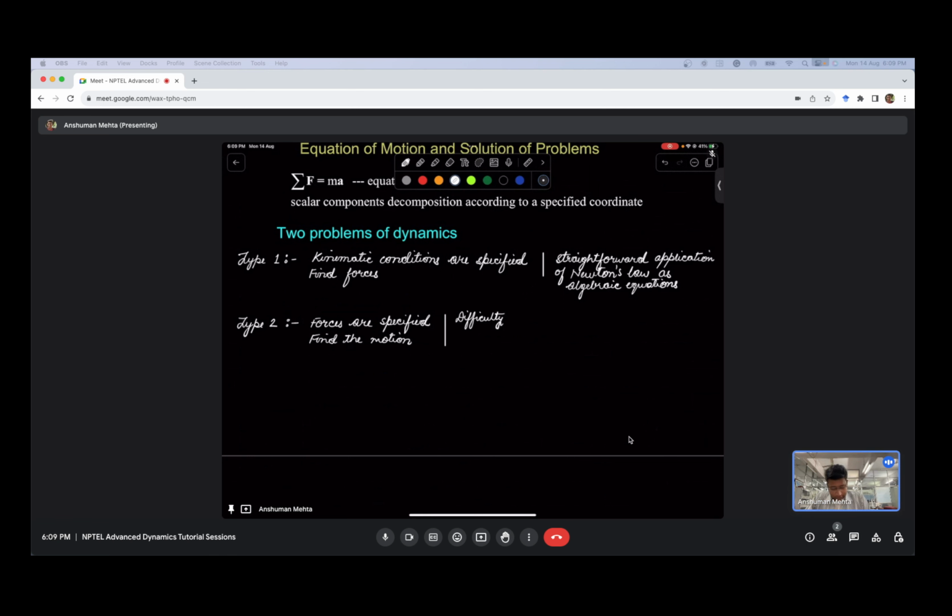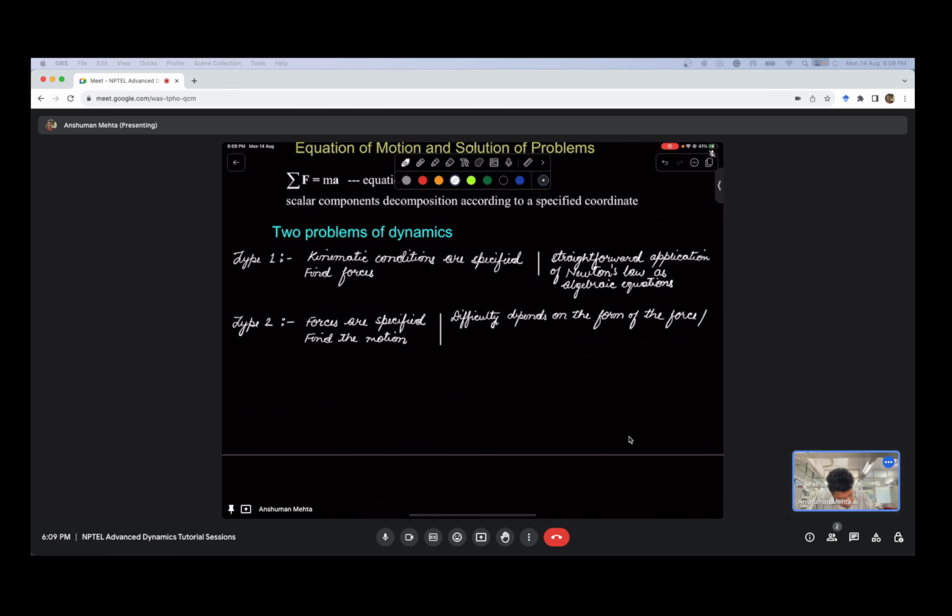Difficulty depends on the form of the force function. It can be a force as a function of time, or displacement, or velocity, or acceleration. So it can be those.